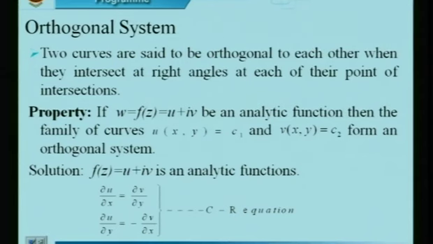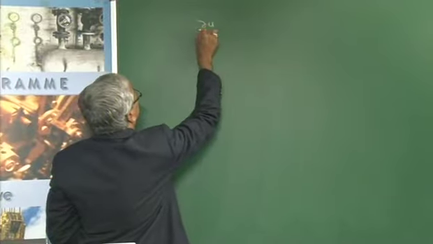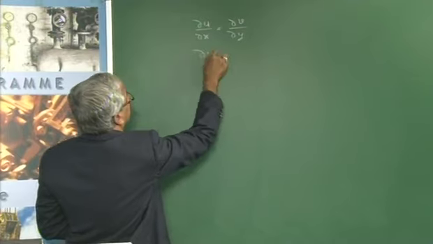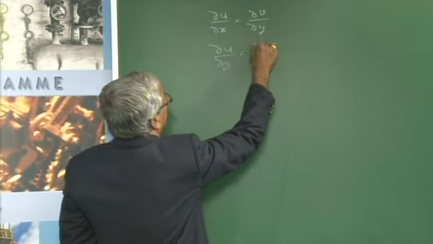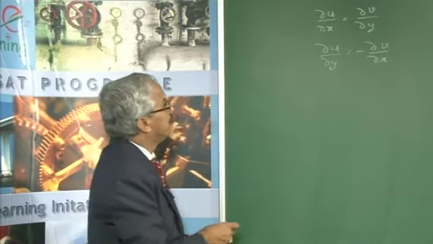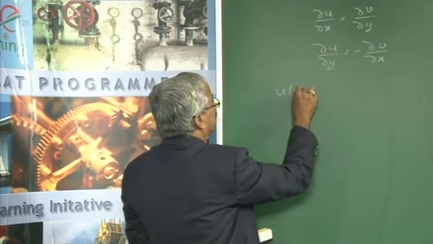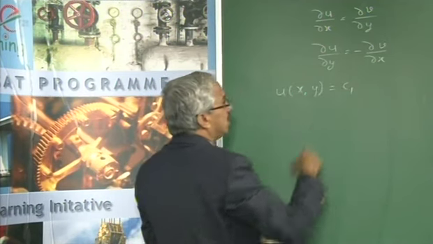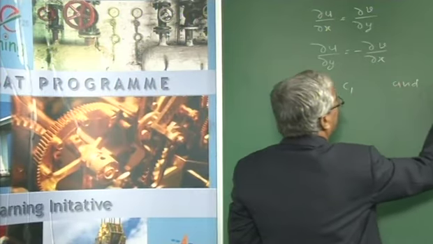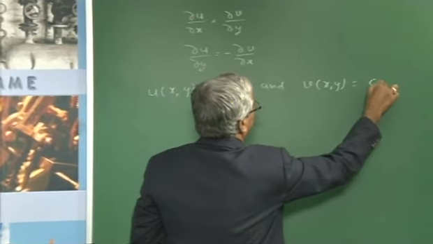By the application of partial derivatives, we prove this statement as follows. By the CR equations we got that dou u by dou x is equal to dou v by dou y, and dou u by dou y is equal to minus dou v by dou x. Now one of the two families of curves is given as u of x comma y is equal to C1 and v of x comma y is equal to C2.